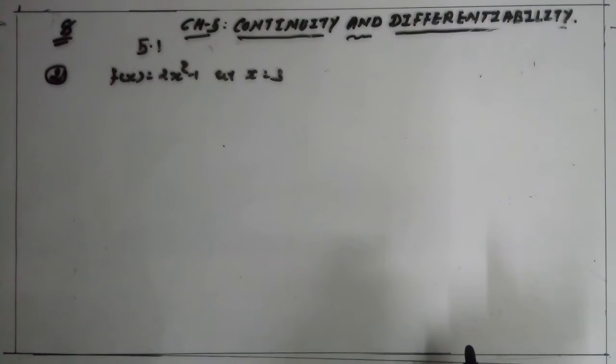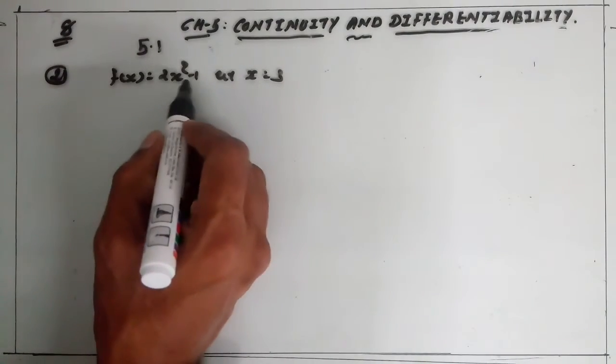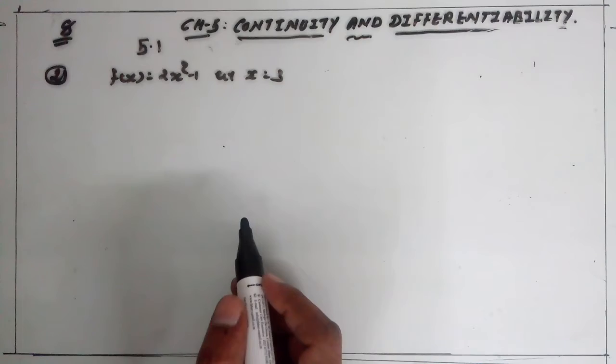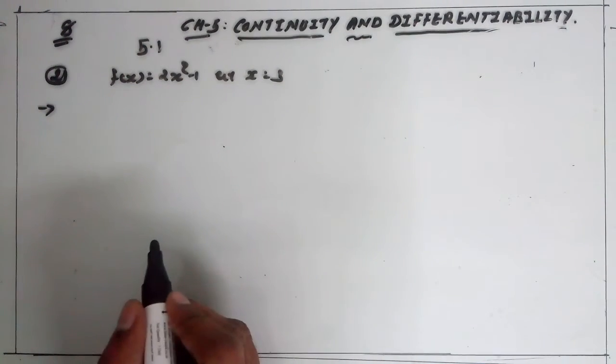Now question number 2. Examine the continuity of the function f(x) = 2x² - 1 at x = 3. Remember this here.